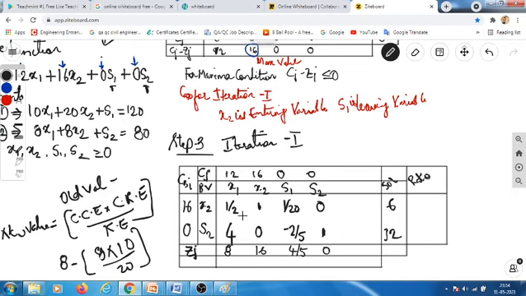Similarly, 16 into 6 plus 0 into 32, we have got the value as 96 over here.